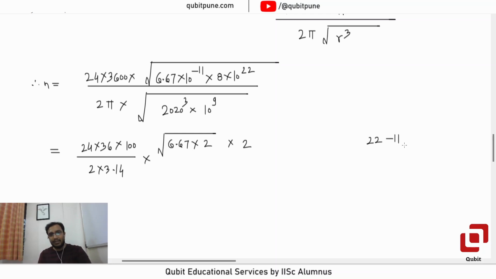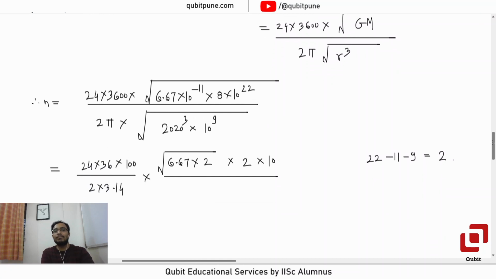So 22 minus 11 minus 9 is 2, and after it comes outside it will become just 10, upon root of 2020 cube.